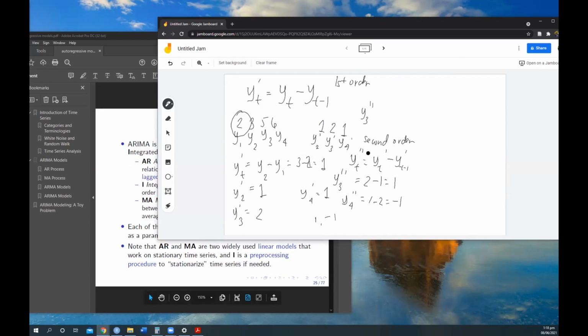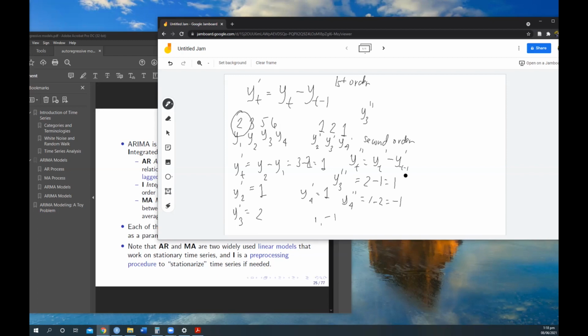Now we can actually directly compute the second order without going through the first order. Ginawa natin dito, pag-compute sa second order, first order muna sa original, and then again first order doon sa resulting difference sequence.